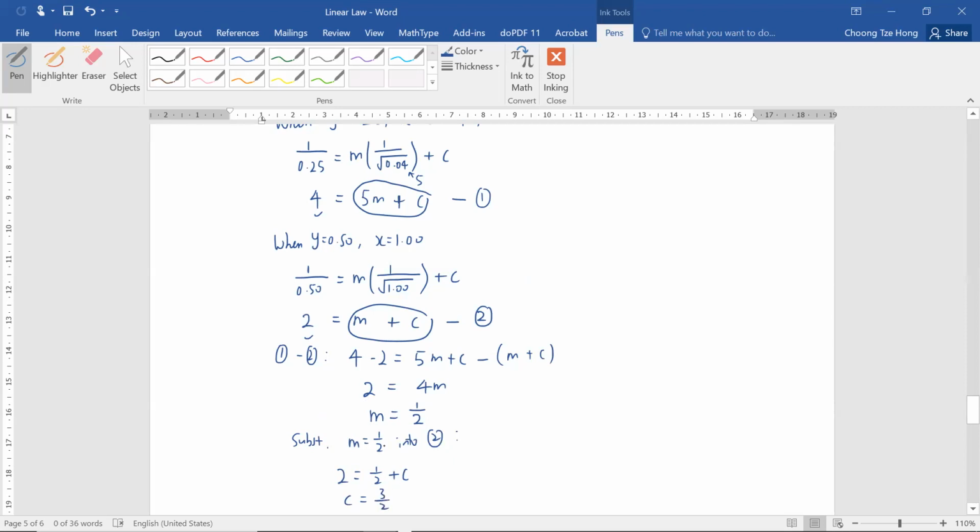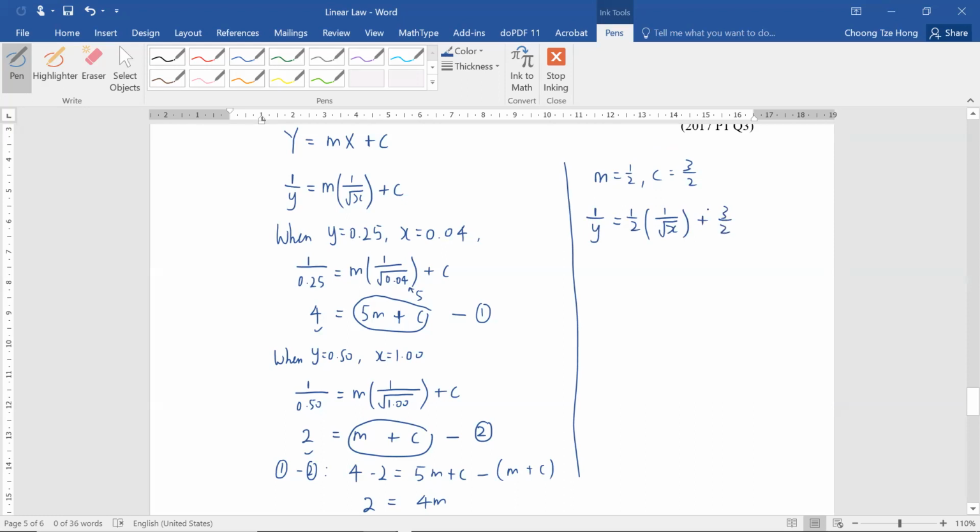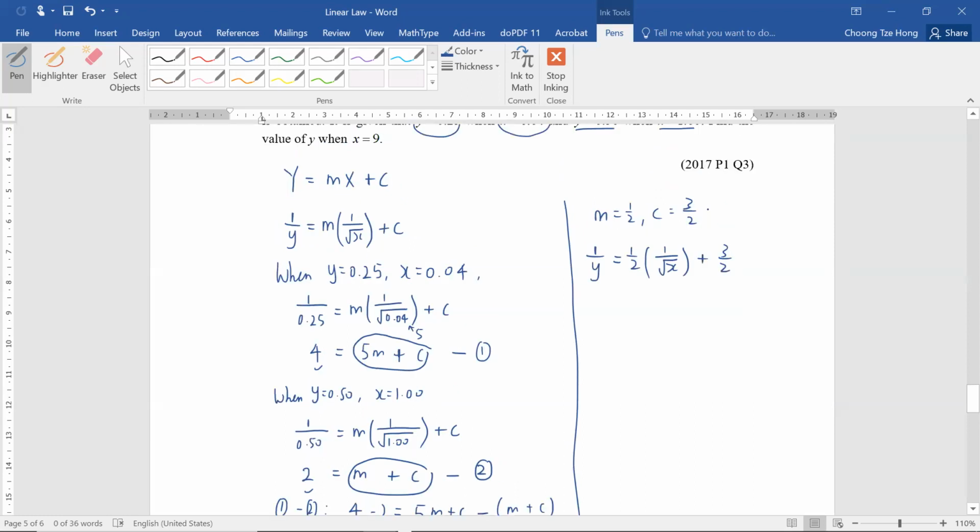Now since we have found m and c, the equation becomes 1 over y equals half times 1 over square root x plus 3 over 2. Then the final step, find the value of y when x equals 9.